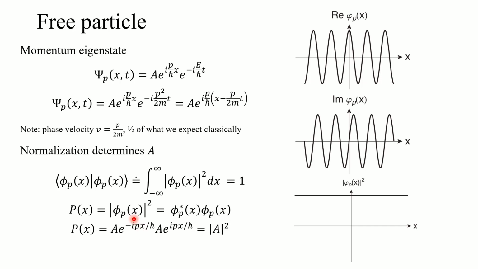The magnitude of that momentum eigenfunction is non-zero everywhere. So if we integrate it from negative infinity to infinity, it looks like we're getting infinity, right? You can't really normalize this momentum space eigenfunction.